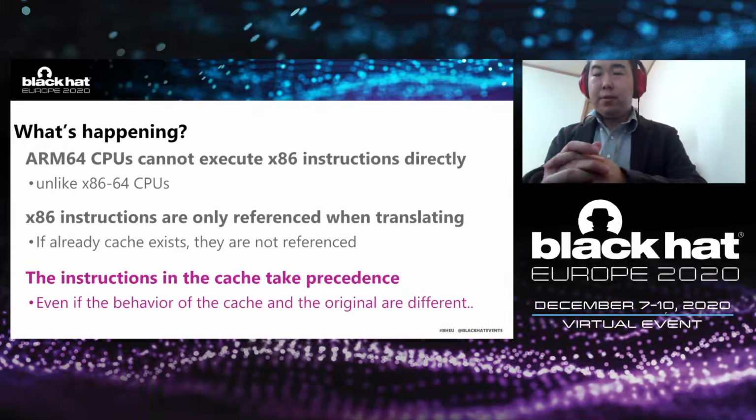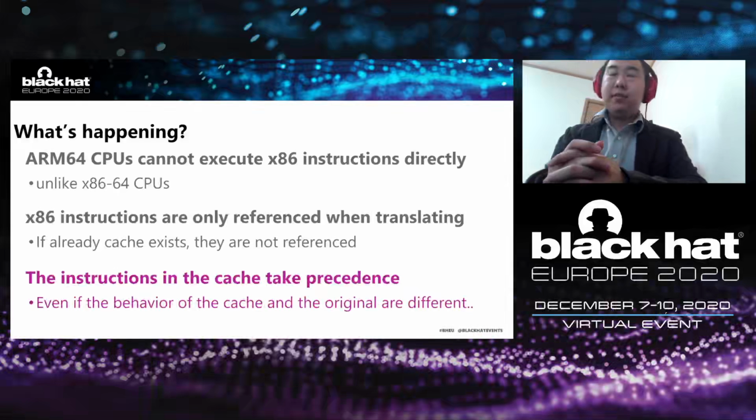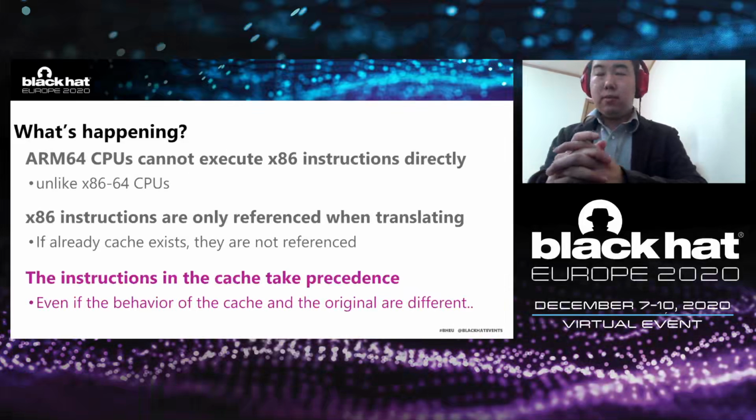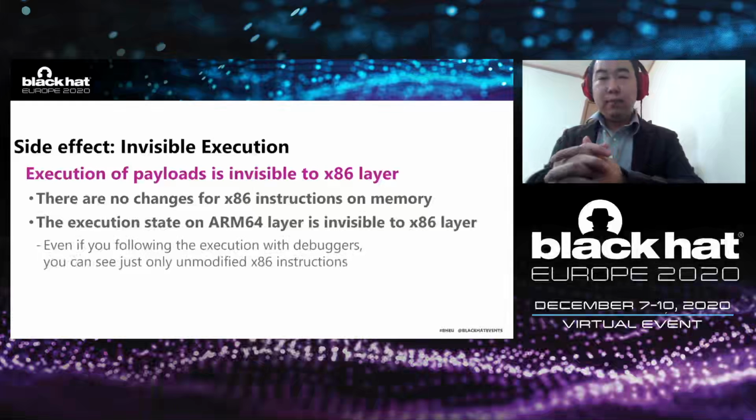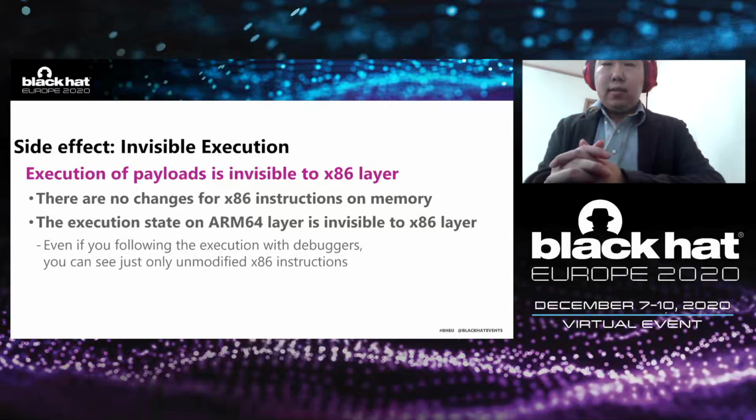They are not referenced if the cache already exists. So the instructions in the cache will be executed even if the behavior of the cache and the original code are actually different. So this technique has a side effect.